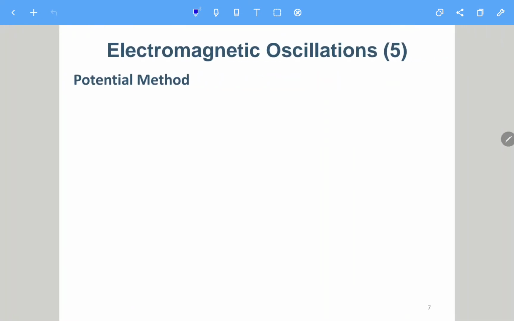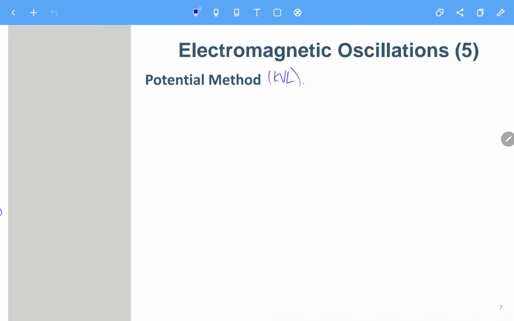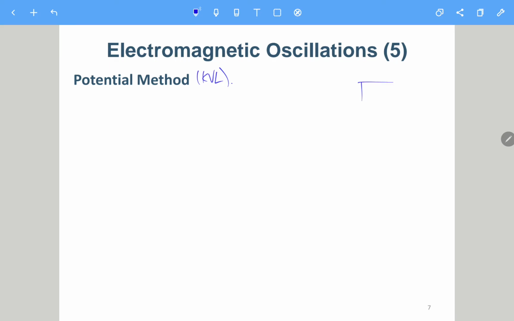Okay, so actually we can use the potential method, or use KVL, to get this expression. In that case, we draw the circuit diagram like this. We only have L and C, and we assume this to be V. V is the voltage or the potential across the capacitor, and we make I the current going clockwise.